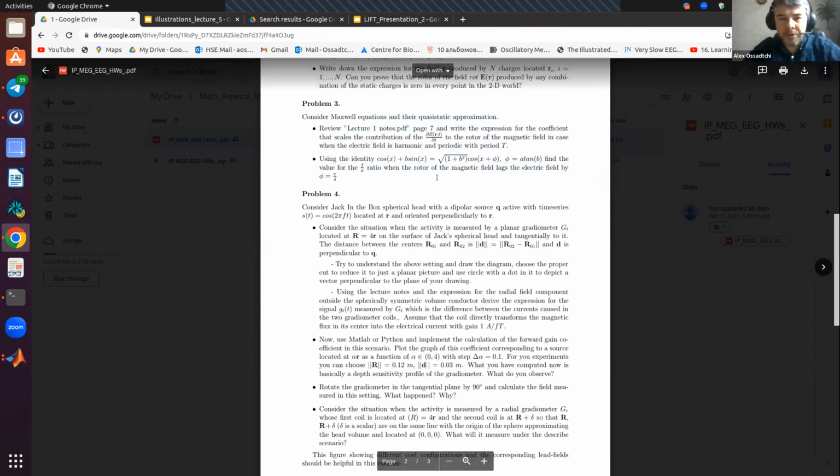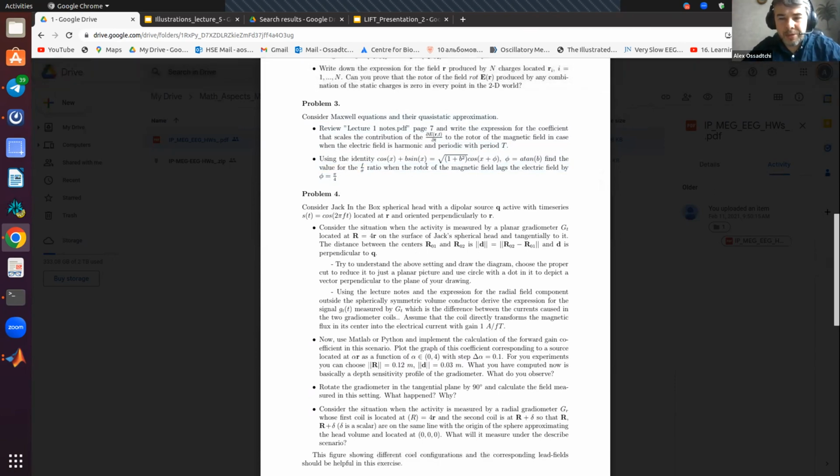This question is actually very interesting because, as I said and you now know, we are using the quasi-static approximation. So when a dipole or some source in the brain changes its activity, we immediately see this change on all sensors at the same time.